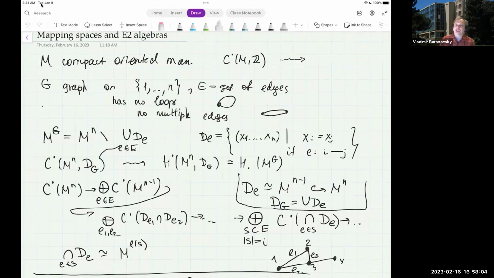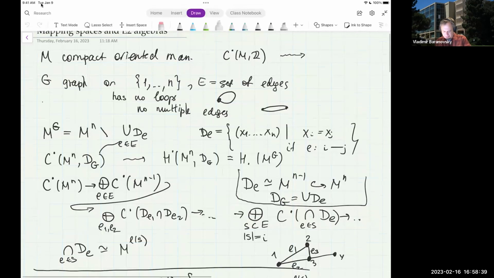So your original goal was to start with a space, and then throw out this union of diagonals. But now you say, okay, I'm working with a simplicial space, and maybe I'm not dealing with a subset of M to the n, but again, with appropriate understanding of which category you're working with and what you want to compute, the other graphs are not a problem. And in fact, there was a paper by Radmila Sazdanovich, and maybe two co-authors.